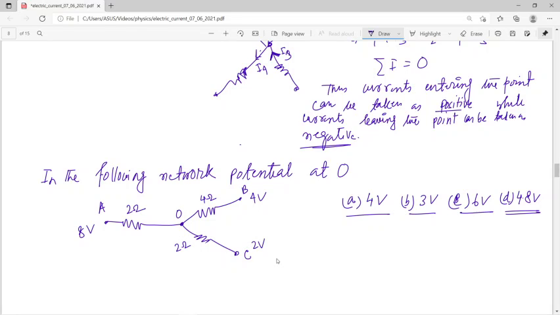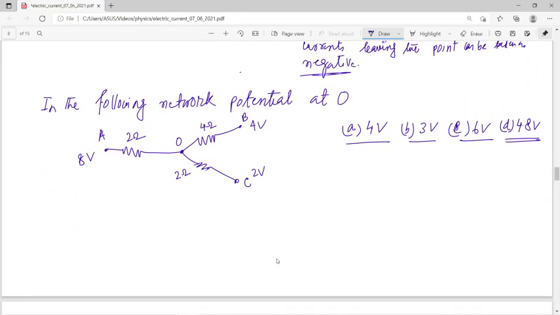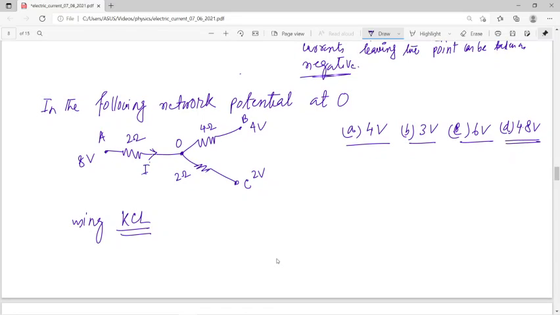If this type of question is given, that is where you can apply KCL. Using KCL, since we don't know the potential, we can take any directions. We can say the current is leaving in that particular direction.